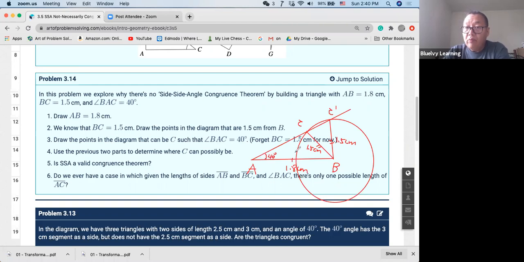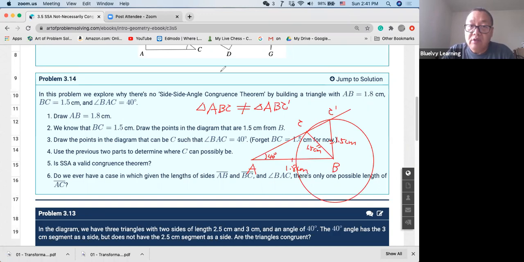But these two are different triangles, right? You can see triangle ABC is not congruent with triangle ABC prime. They're different.